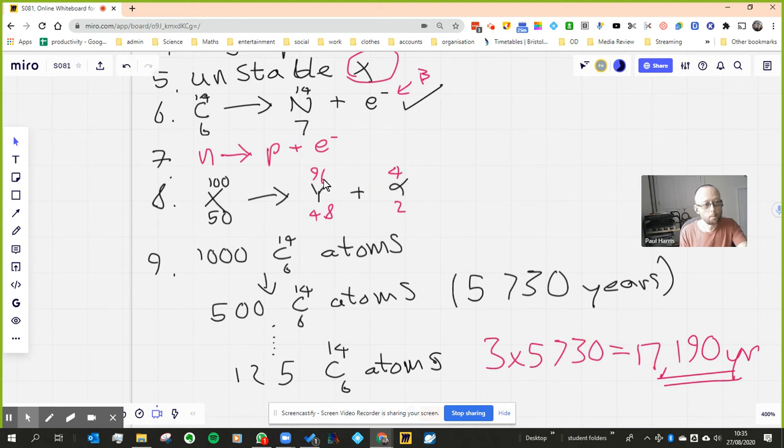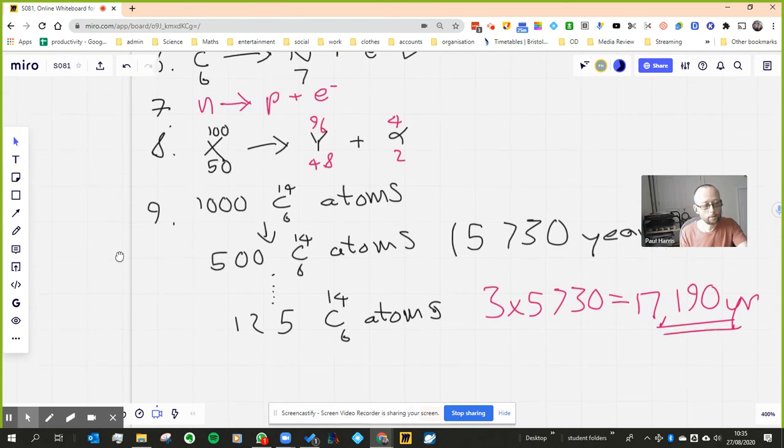First of all, alpha decay is much simpler than beta decay. It's much less weird. Simply 4 things are just flying off this nucleus. So the mass number went down to 96. The atomic number went down to 48 because that's what's come off it. So 50 went to 48, 100 went to 96. Does that make sense? Okay.